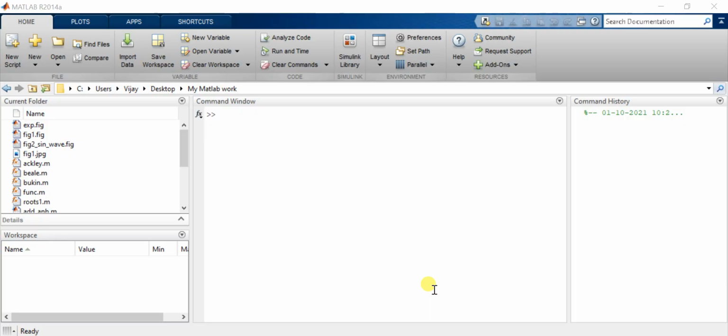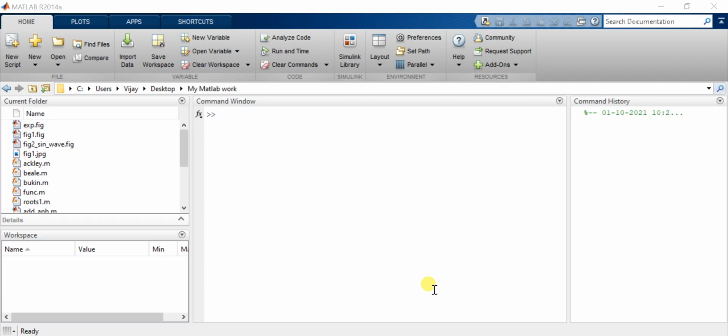The first important condition is the angle condition, and the second is the magnitude condition. The magnitude condition says the magnitude of G(s)H(s) should be equal to 1, and the angle condition says the angle of G(s)H(s) should be equal to plus minus 180 degrees times (2k plus 1). It means it should be an odd multiple of 180 degrees.